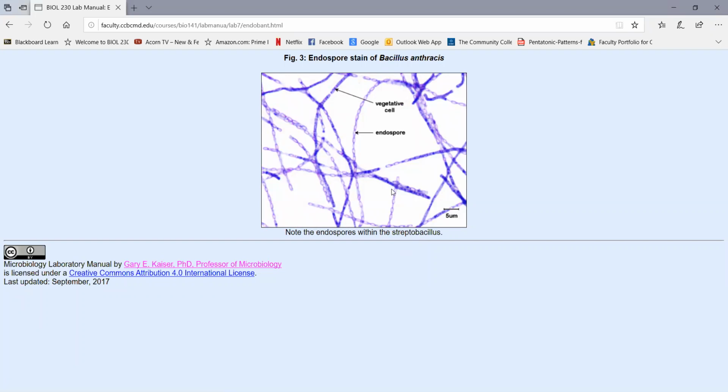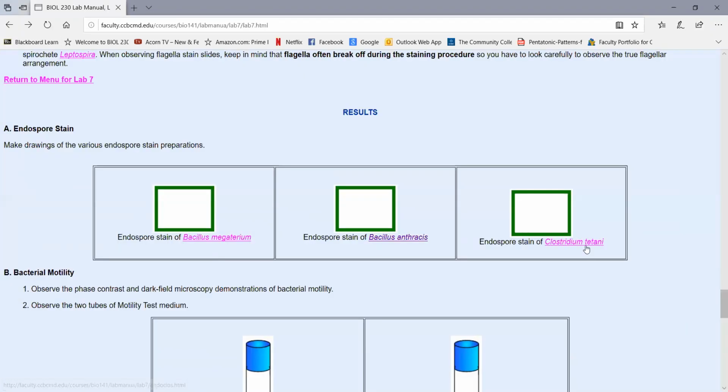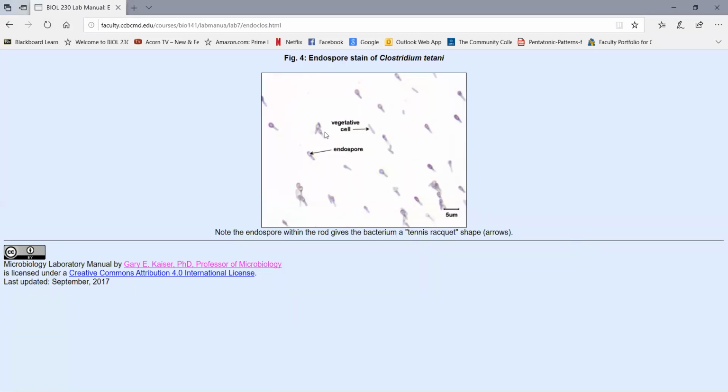In this case, the vegetative bacteria stain blue, and the endospores are colorless within the bacillus. And we have an endospore stain of Clostridium tetani, where the vegetative cells stain a grayish blue, and the endospores are colorless.